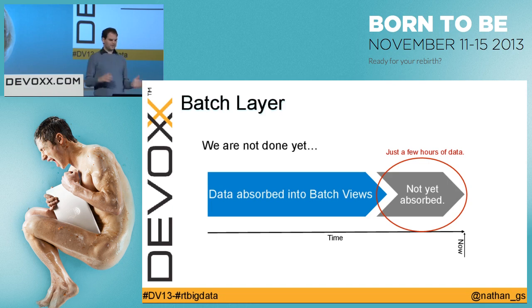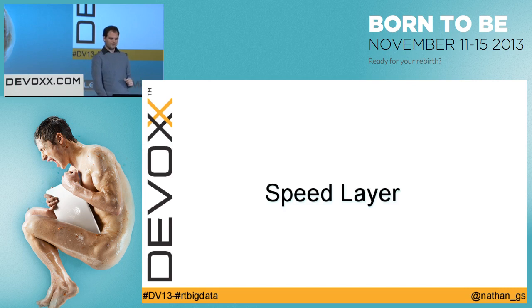This gap will be the time since the last time your MapReduce process fully ran, so it will be just a few hours or maybe a few days of data. To bridge this gap, we're going to use our speed layer.